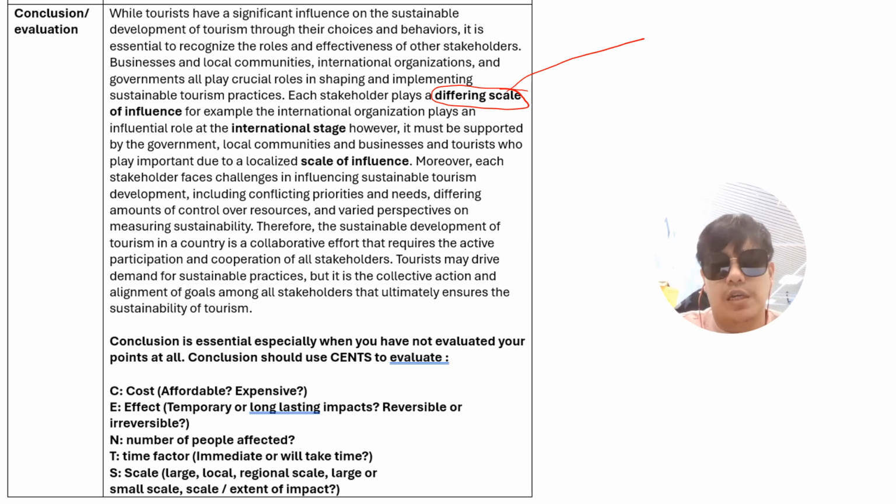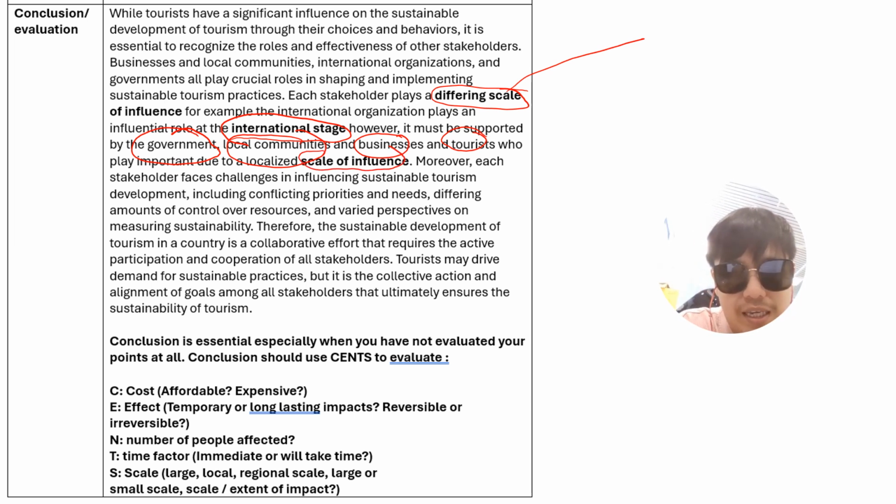My main point is that each stakeholder plays a different scale of influence. For example, the international organization plays an influential role at the international stage. However, it must be supported by the local government, local communities and businesses, and tourists who play an important role due to a localized scale of influence.